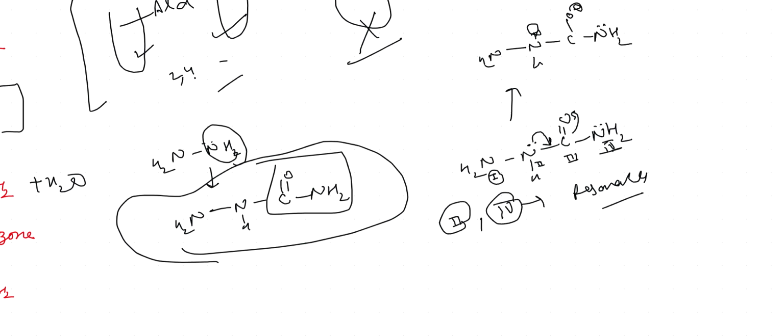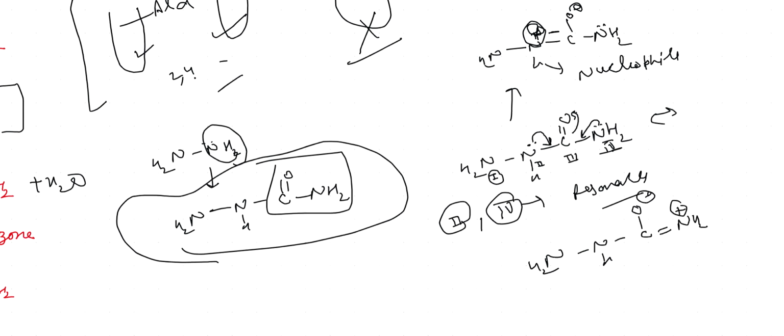Clear? Now this nitrogen carries a positive charge, so it will not act as a nucleophile because it has no lone pair. Similarly, nitrogen number 4 will also donate its electron to this carbon, and further there will be an electromeric shift toward oxygen, and it will also form a resonating structure with the carbonyl group: O negative, NH2 positive.